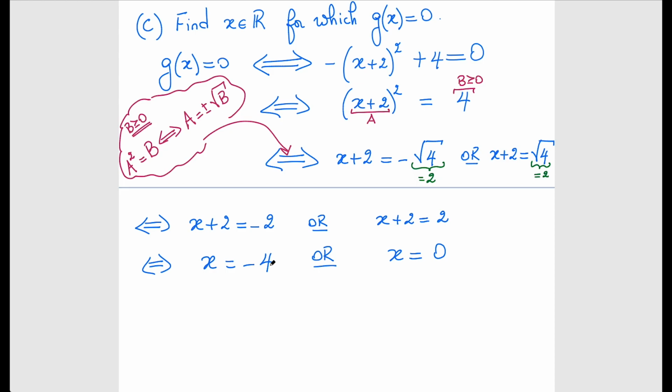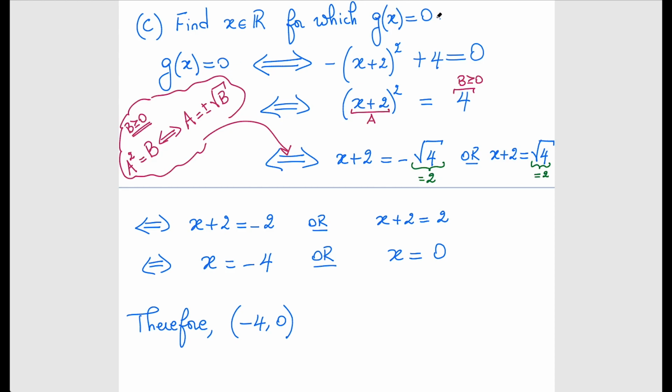So what can you then conclude? When x is -4, the value of the function is 0. Therefore -4 comma 0 is an x-intercept. And when x is 0, g of 0 is also 0, because x equals 0 verifies the equation g of x equals 0.